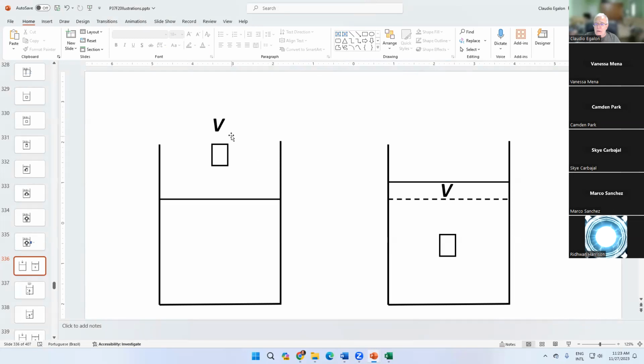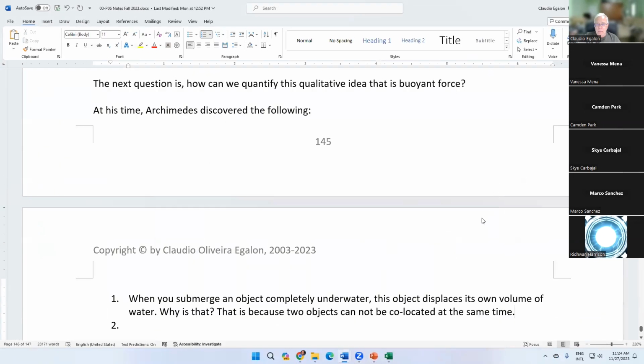So if this object has a volume V, it must displace the same volume of water, because they cannot be simultaneously collocated in the same space, in the same volume. This is not Archimedes' principle yet.